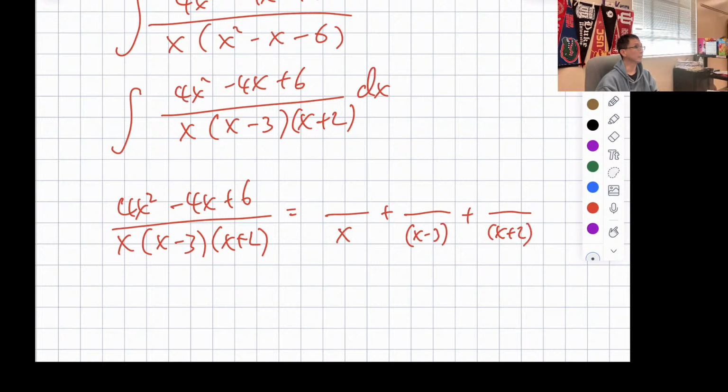There's probably some number here, some number here, and some number here, and when you combine the fractions you end up with 4x squared minus 4x plus 6. Does that make sense? So we're going to name these numbers A, B, and C, so you can break it up into individual parts.